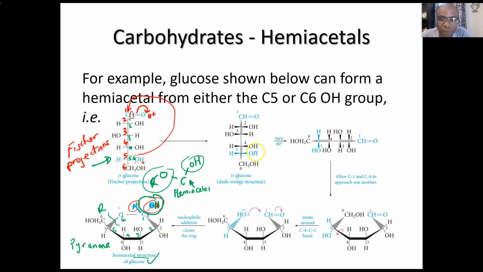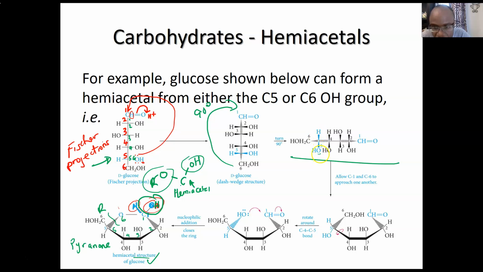Okay, so again, that's your Fischer projection. You could draw it with wedges and then rotate. You turn it 90 degrees. So let's say you are turning it 90 degrees that way. You get this straight chain, and then now it's gonna be this oxygen.